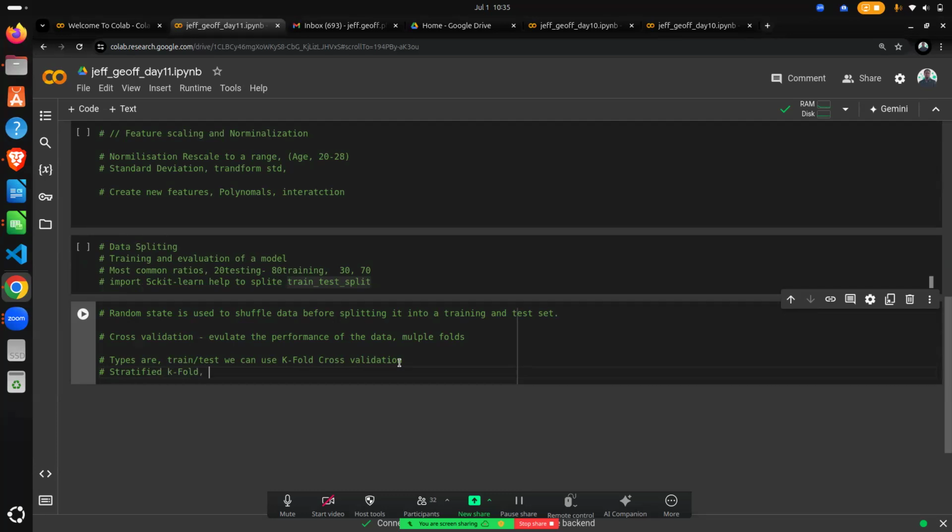So you will try to ensure our distribution of the target variable is maintained. It's particularly used in imbalanced data sets.